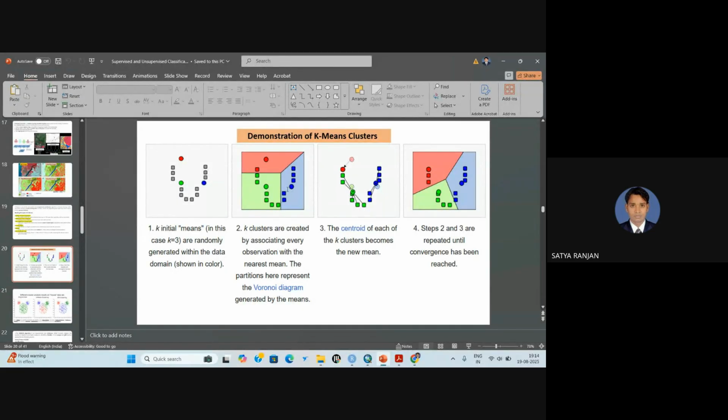Now a demonstration of k-means clustering. Suppose in k-means we decided on three classes, so in the satellite image only three classes are there: red, green and blue. Suppose green is the forest area, red is the built-up land, and blue is the water bodies.